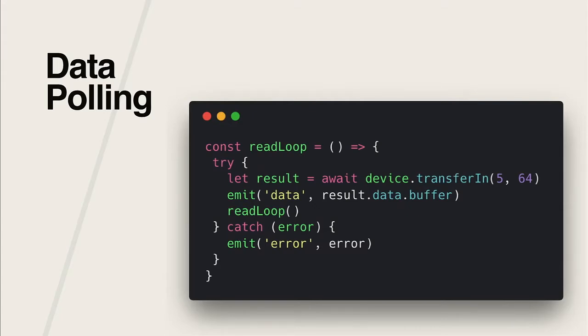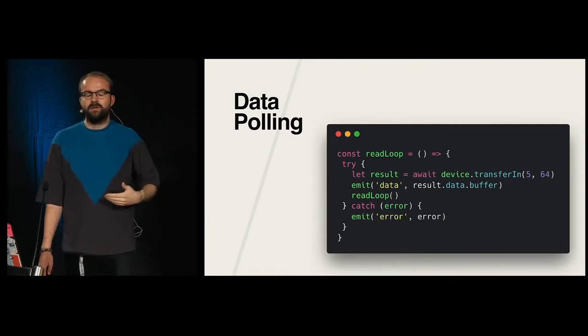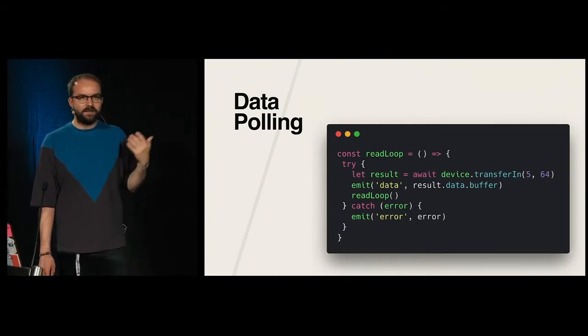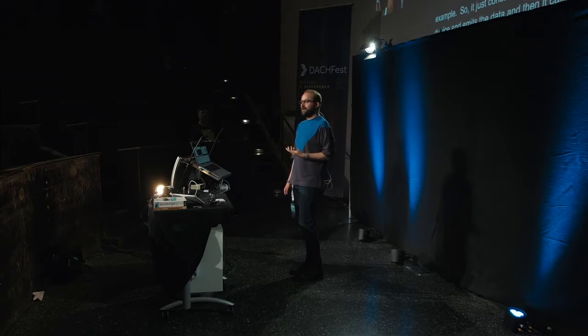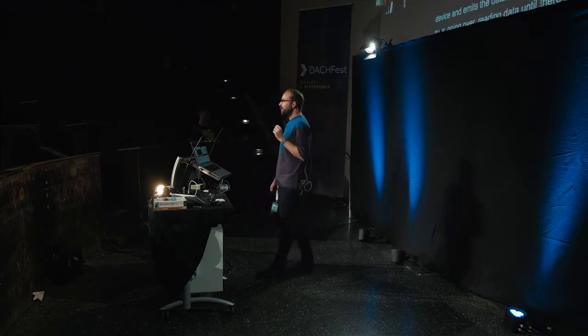It constantly reads data from one endpoint of the device and emits that data, and then it calls itself again. So it's just going over, reading data until there's some error, like removing a device would trigger an error because it can't read from it anymore, and then it just stops. This is a very, very simple way of data polling from USB, and nearly everyone who works with USB devices seems to do that.